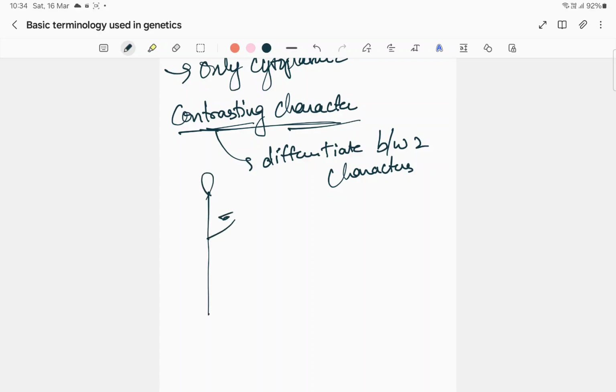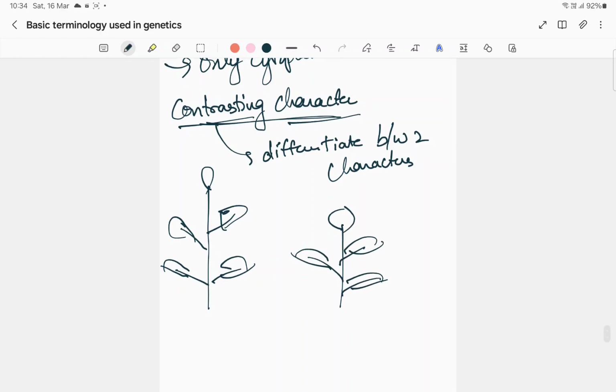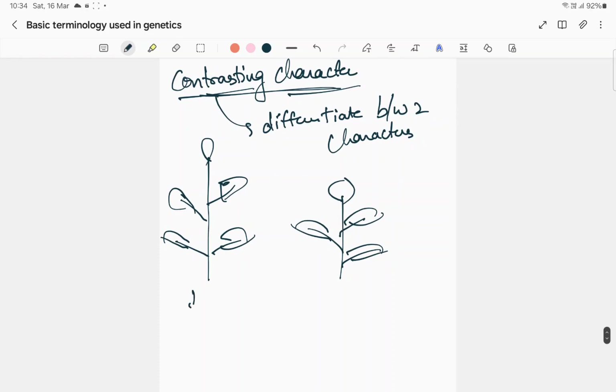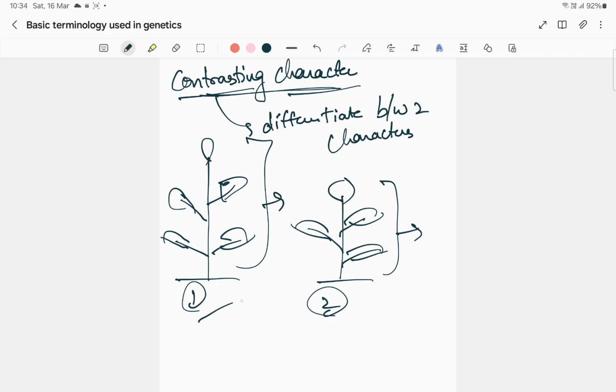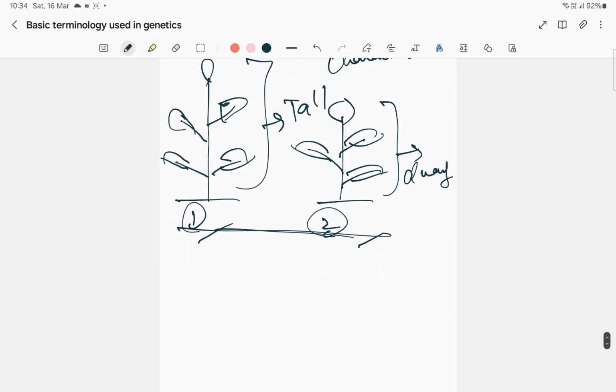Example, two plants are there. See, this is plant 1, this is plant 2. We can easily say the height of plant 1 is more compared to plant 2, right? This is tall, this is dwarf. Then this type of characters we can call contrasting characters.